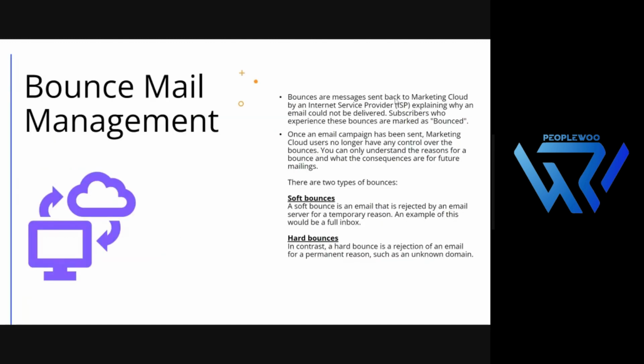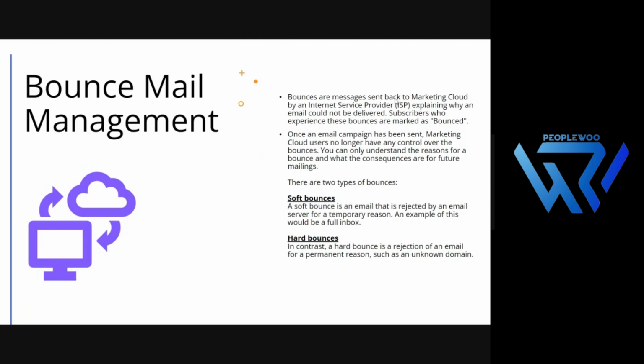We understood more on bounce mail management, how bounces are calculated. We understood two types of bounces are there: soft bounce and hard bounce. Soft bounce is due to temporary reasons, hard bounce due to permanent reasons. Temporary reasons we have discussed: server is down, inbox is full.